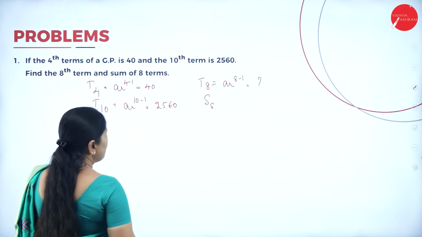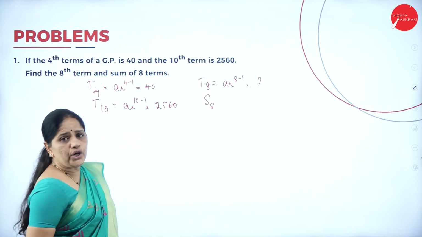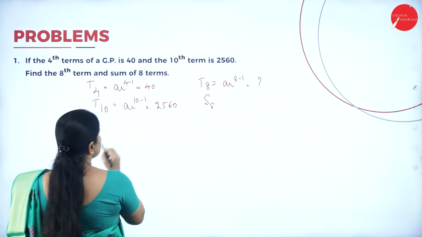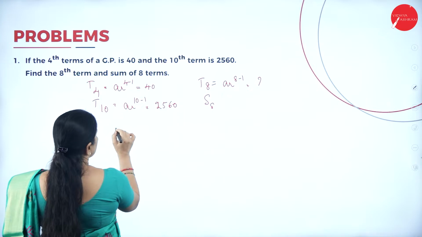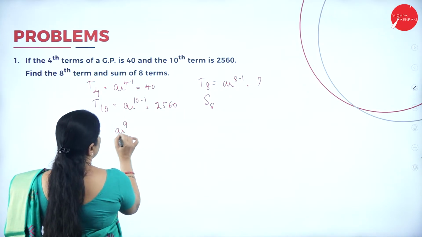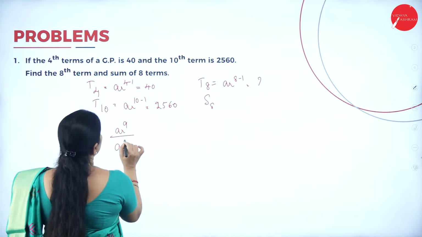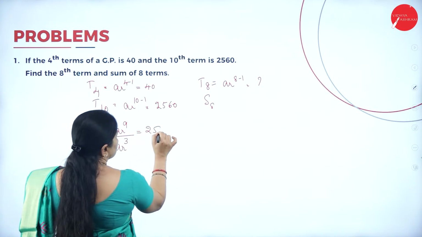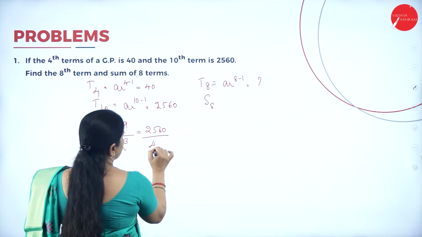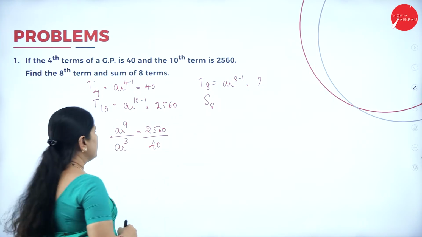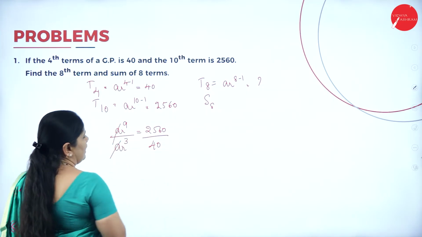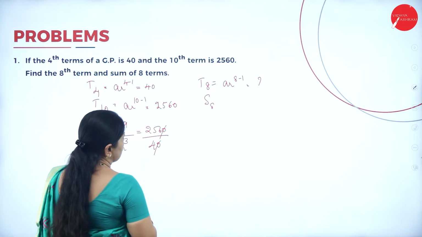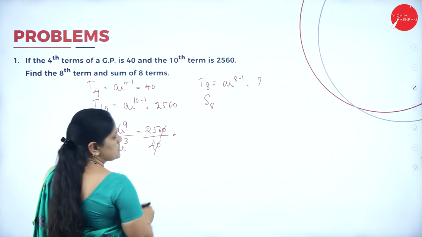So we don't know a, we don't know r. So we will simplify using this. I will write ar to the power 9 by ar to the power 3 equals 2560 by 40. Now I am deleting a and a on this side. Here the 0s get cancelled.